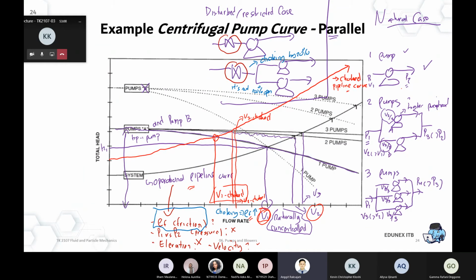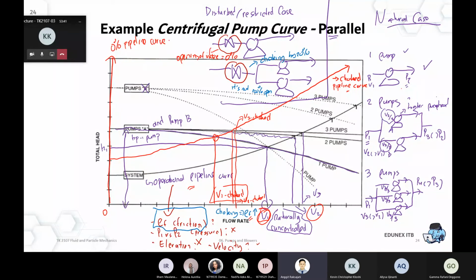Okay, even in the most extreme case, when the opening of the valve now becomes 0%, what would happen? So this will be your 0% pipeline curve.